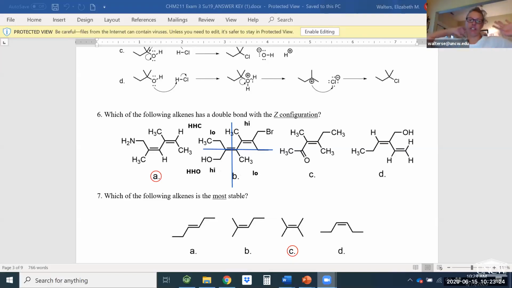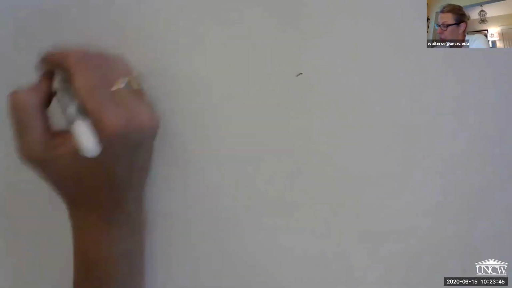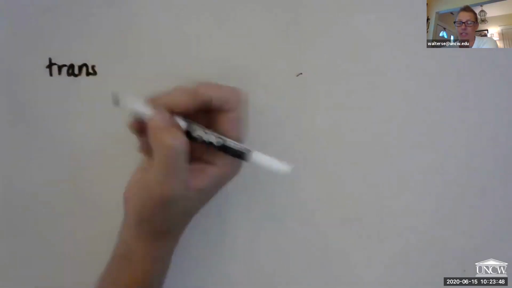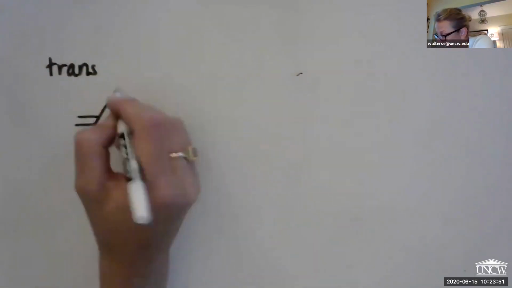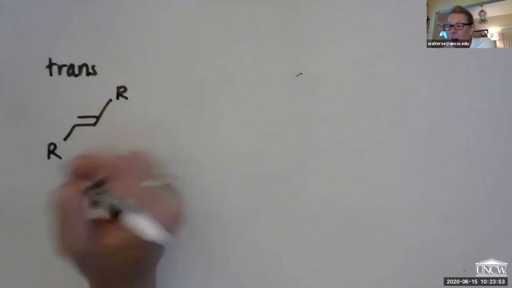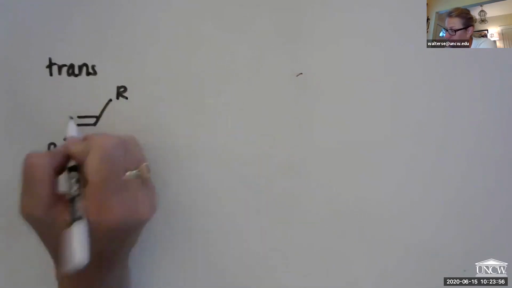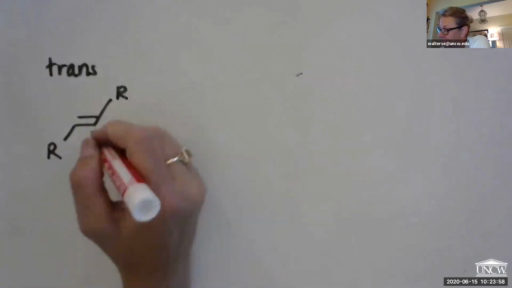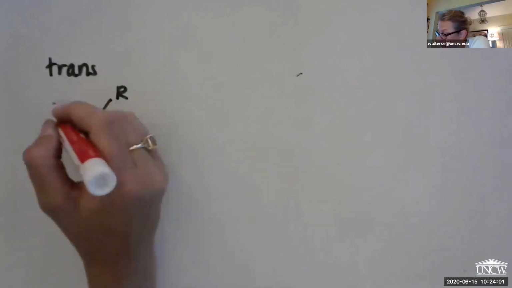No, E is not trans. It just means that the lows are on opposite sides. Let me go back to the screen. They're not necessarily talking about the same thing. Okay, so when you use the word trans, that means that our groups are on opposite sides of the ring, which means that in a trans system, you have 2 hydrogens.